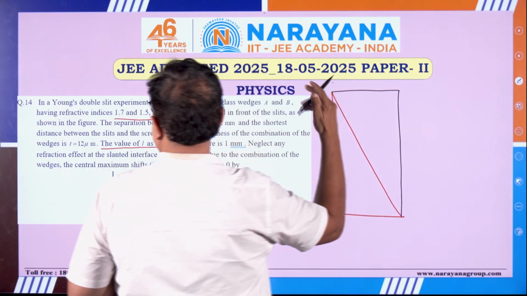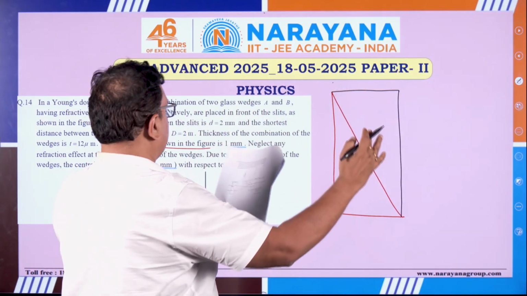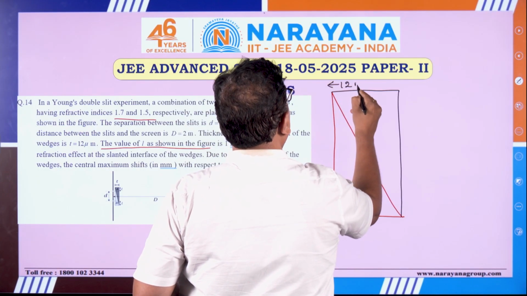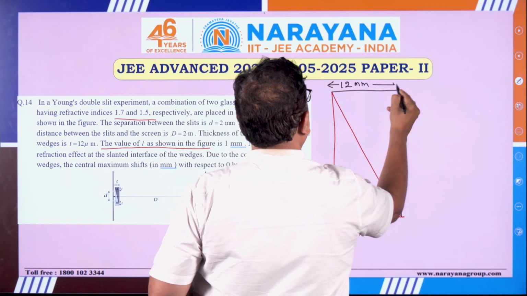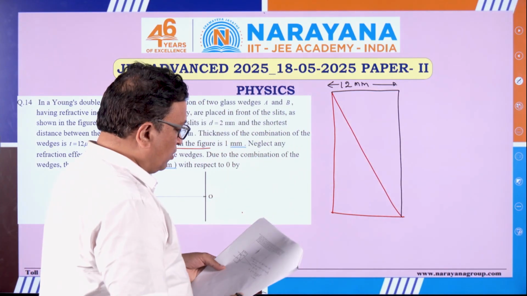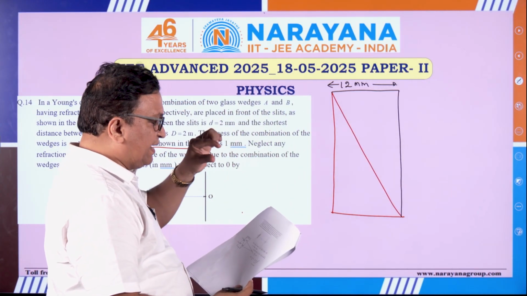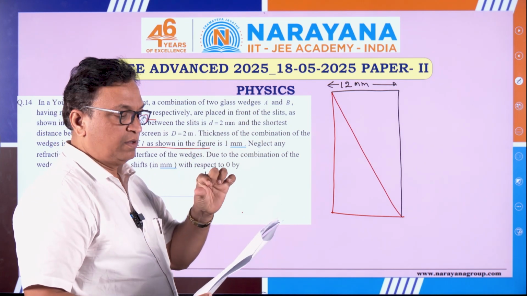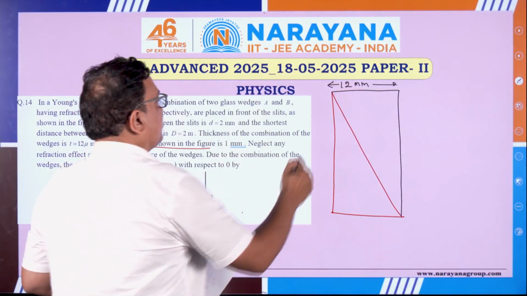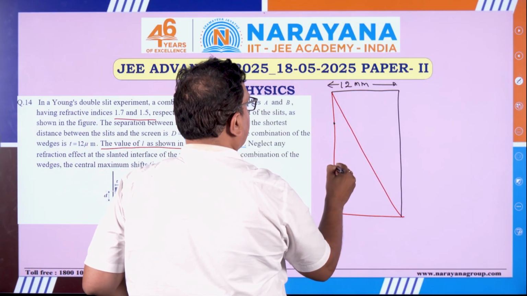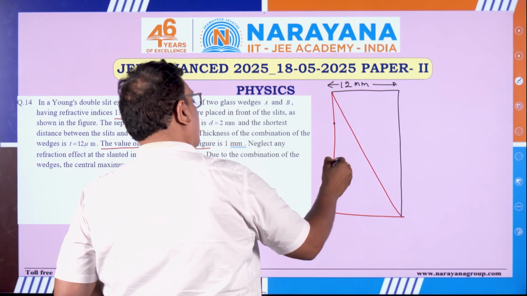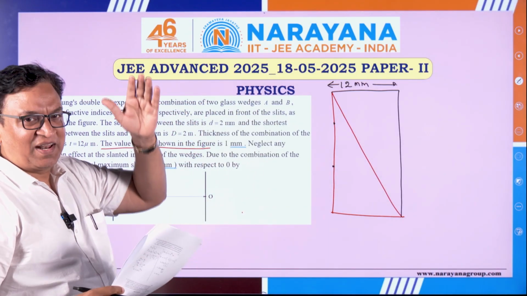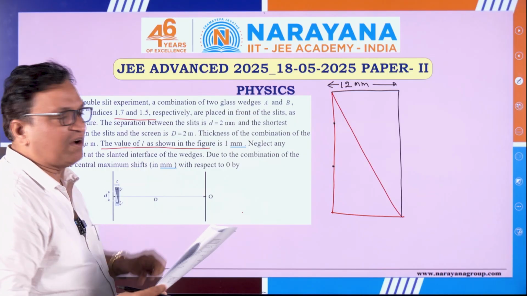You said that the total part is 12. Now, d is 2 mm, which means these 2 points are separated by 2 mm. Above you have 1 mm, below you have 1 mm, in between you have 2 mm.